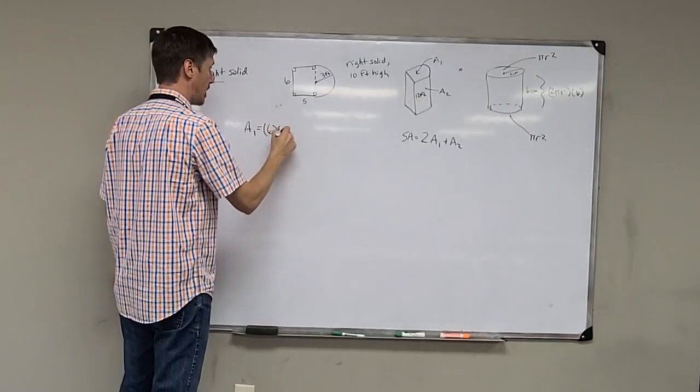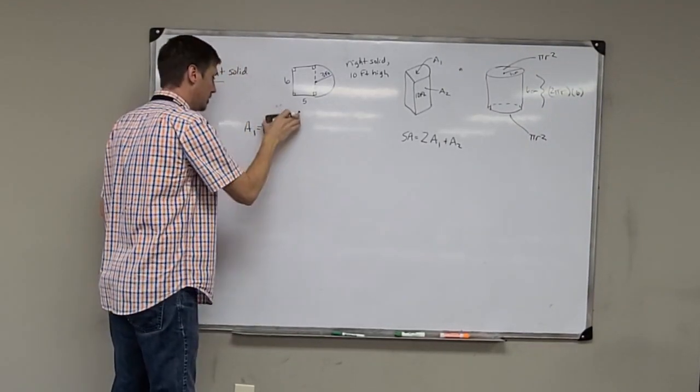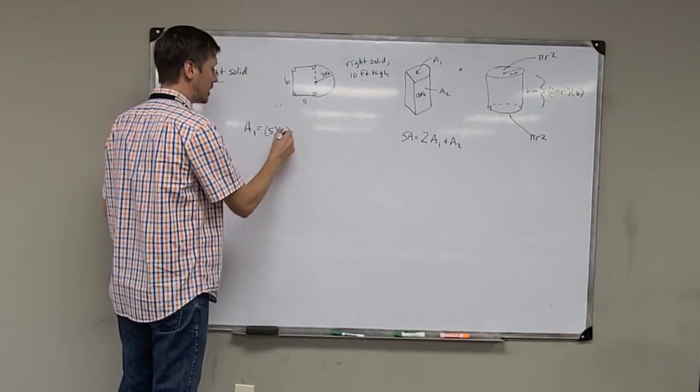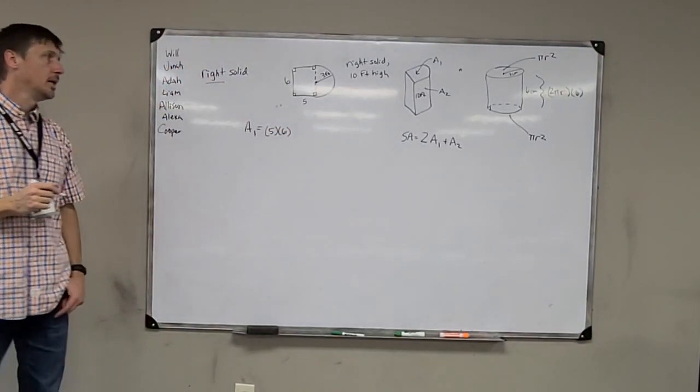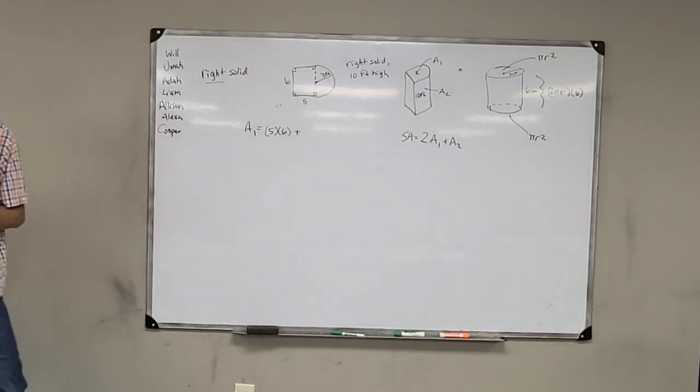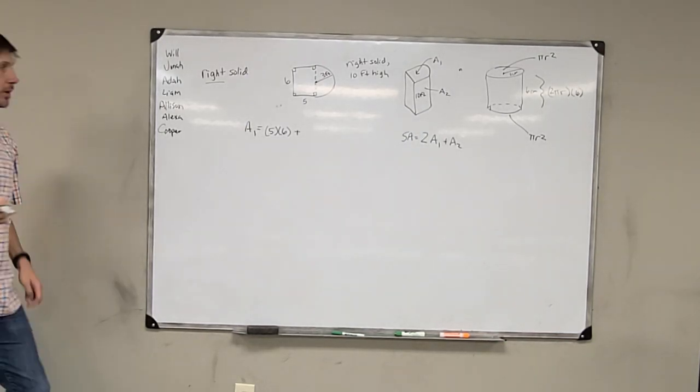So that's going to be 6 times 5. Or actually, the way it's drawn here, length is 5. So 5 times 6, really doesn't matter which order we do those in. Plus the area of this half circle. What's the area of our half circle going to be? What's the area of a full circle? Pi r squared.